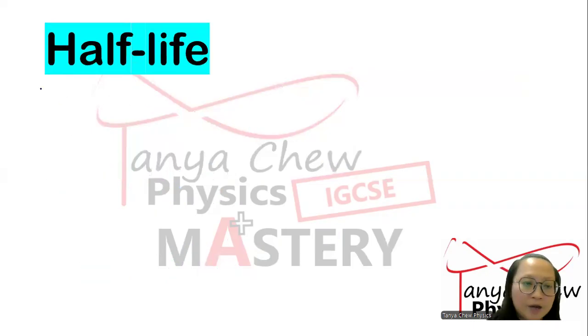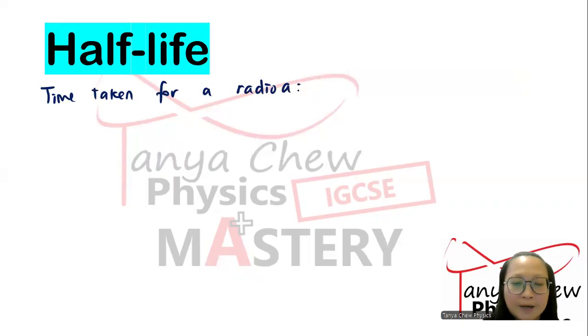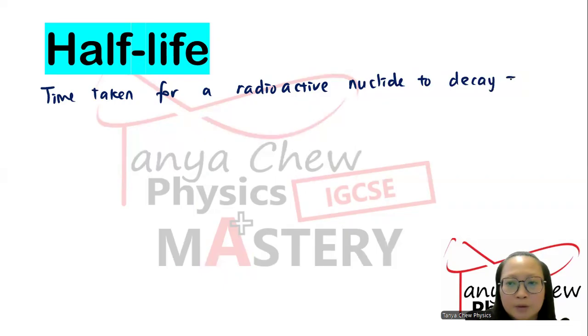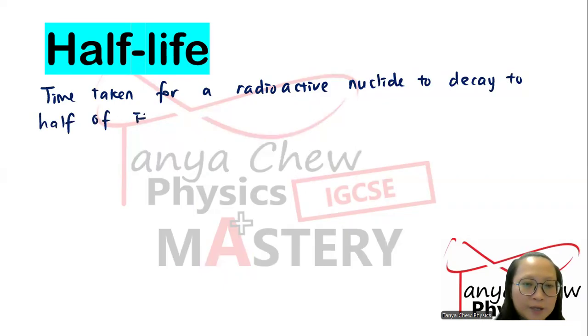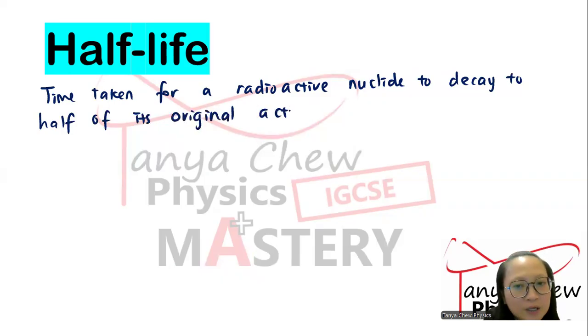Now, half-life definition is the time taken for a radioactive nuclide to decay to half of its original activity, or original count rate, doesn't matter, or original number, right?